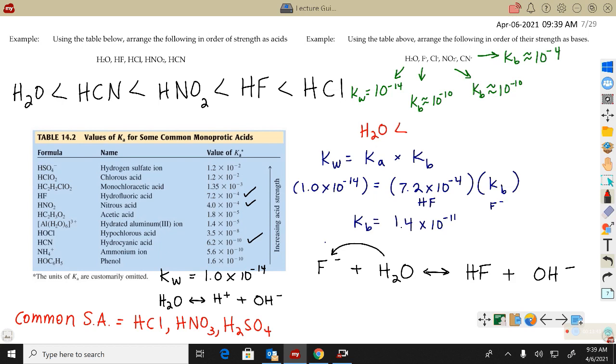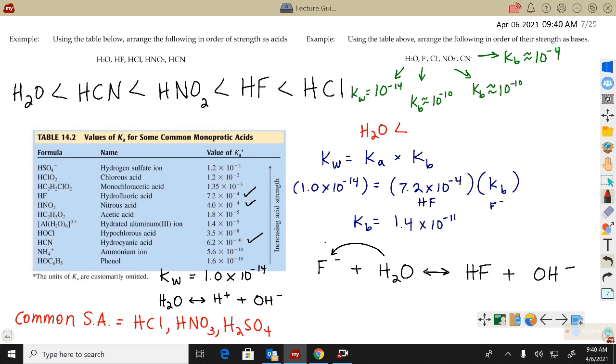Okay, so now let's see here. If I ignore chlorine, we'll figure him out later, I've got these two in the middle that both have Kb's that are really similar. They're both about 10 to the negative 10th. So without using my calculator, how can I figure out which is stronger as a base?